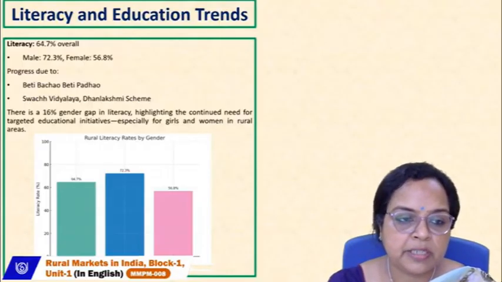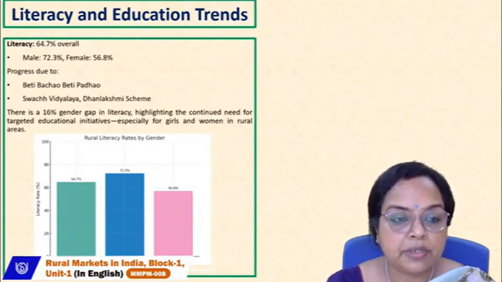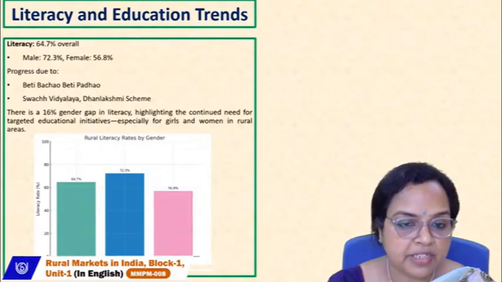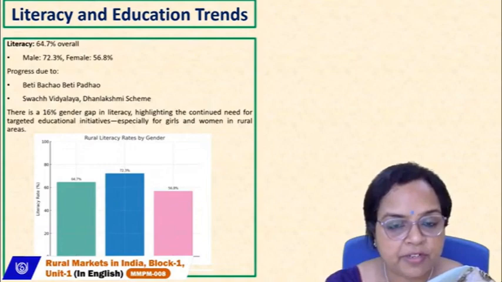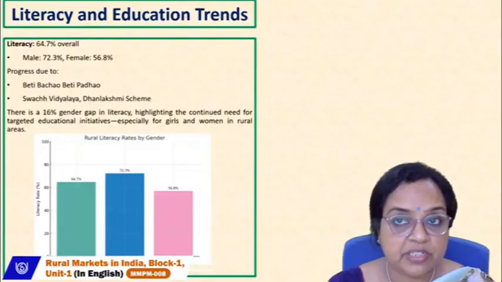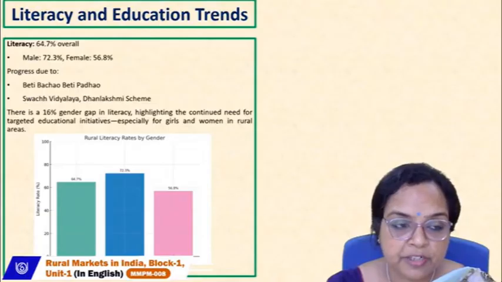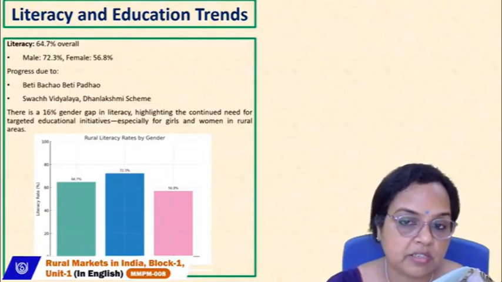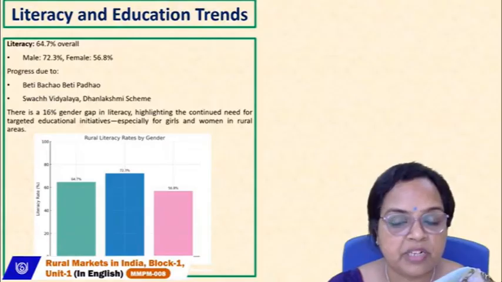That means there is a 16% gender gap in literacy, highlighting the continued need for targeted educational initiatives, especially for girls and women in rural areas. This is their literacy rate. How does it help a marketer? Because the marketer will introduce the product as per their understanding. Understanding comes from their literacy rate.